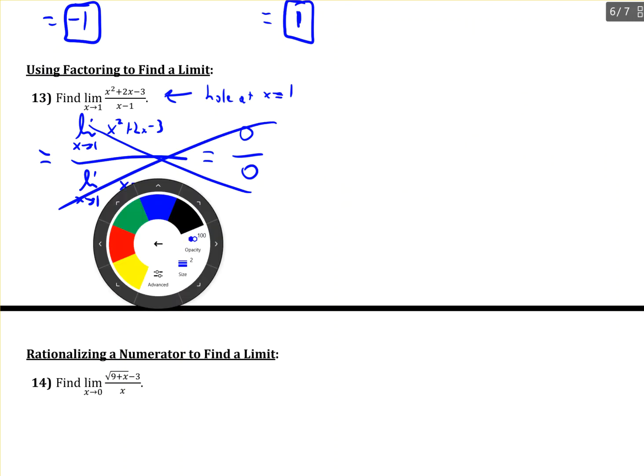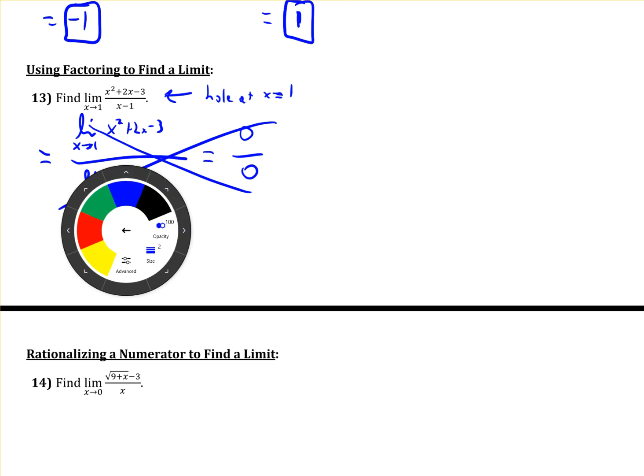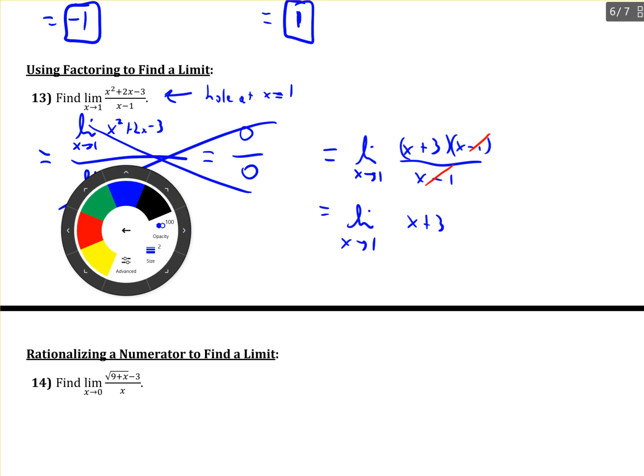We are going to say that is equal to the limit as x goes to 1 of x plus 3 times x minus 1 over x minus 1. And notice x minus 1 over x minus 1 cancels, so I get limit as x goes to 1 of x plus 3. Well, what do you know? Now I can take that. That's a polynomial. I get 4. And that's what our limit ends up being.